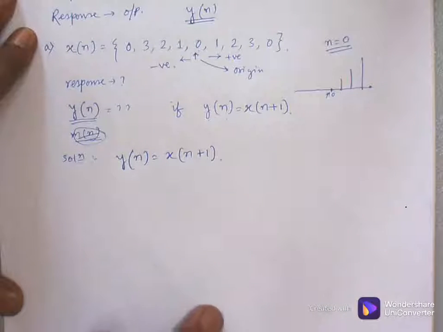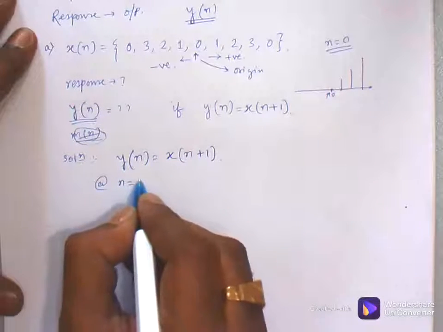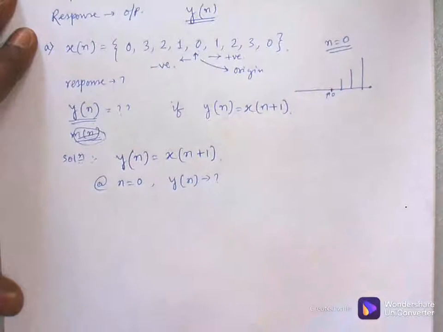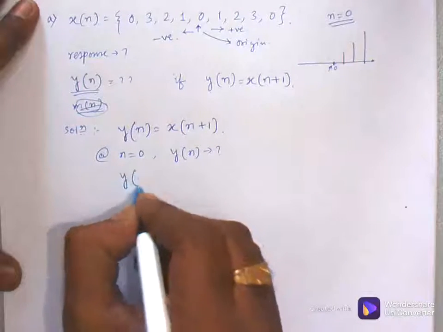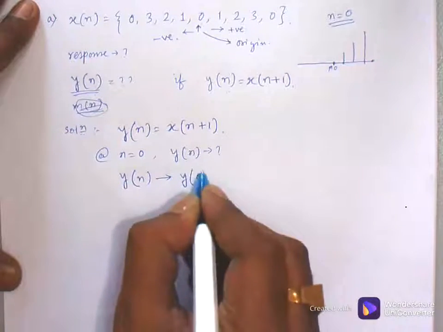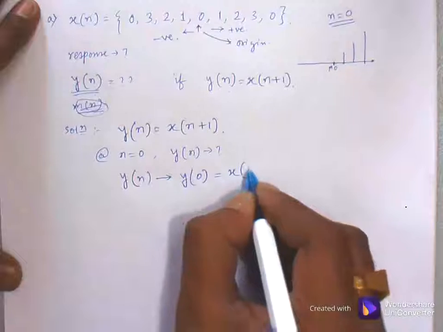First of all I have to find out the origin. At n equal to 0, what will be the value of y of n? This much I have to find out first. So at n equal to 0, y of 0 equals x of 0 plus 1.